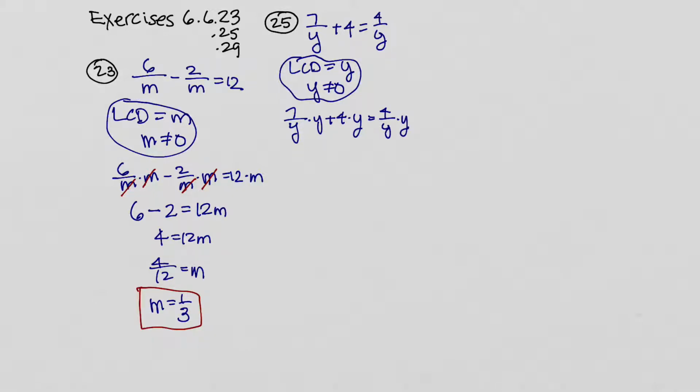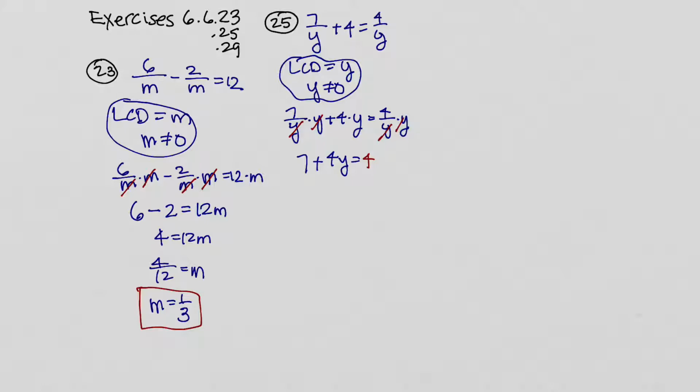Now, these denominators are going to cancel. This y will cancel with that one, leaving us with 7 times 1, which is 7, plus, now nothing cancels here, right? Just 4y equals, but those y's are going to cancel. So what we're left with then is 4 times 1, which is 4.